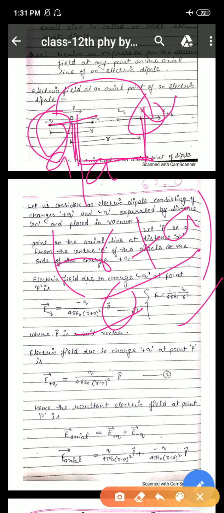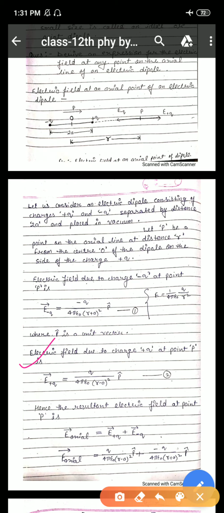Now again we have to calculate the electric field due to the positive charge plus q at point P. Again this distance is r. Now from plus q to P, the distance is r minus a.